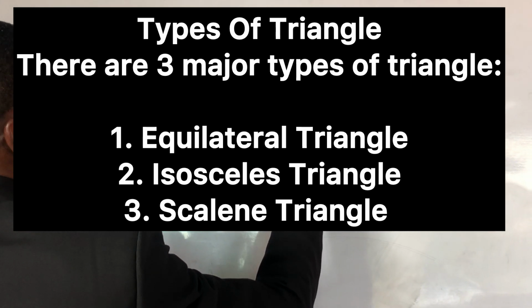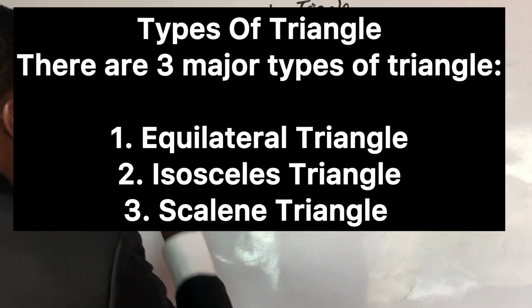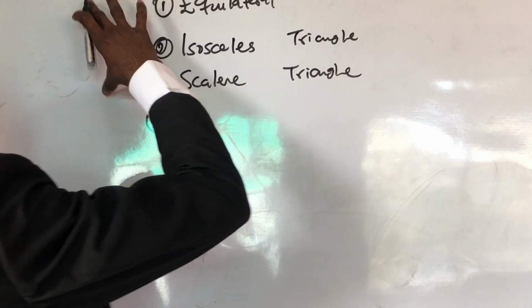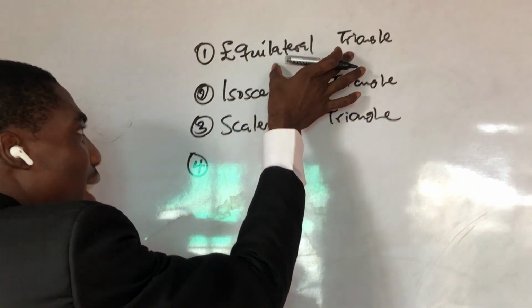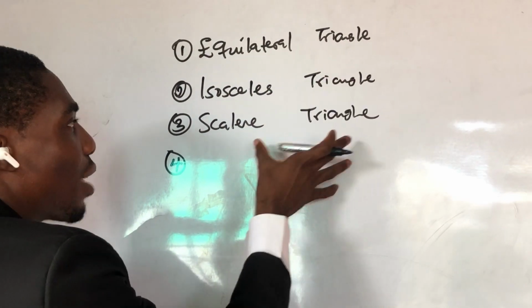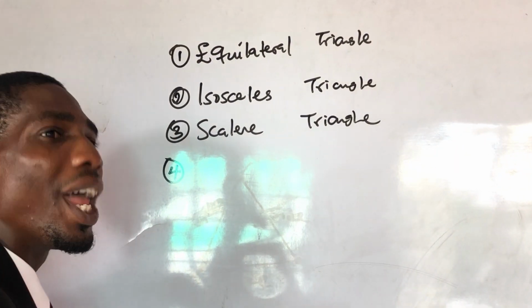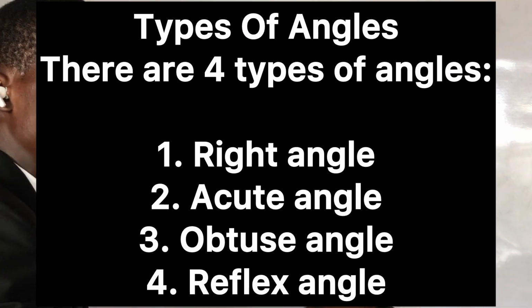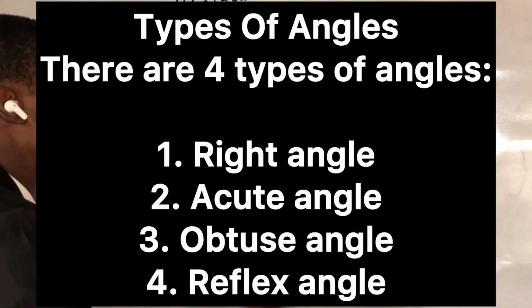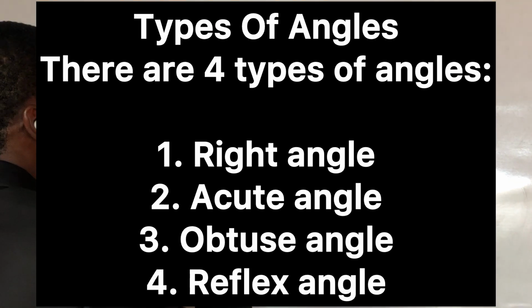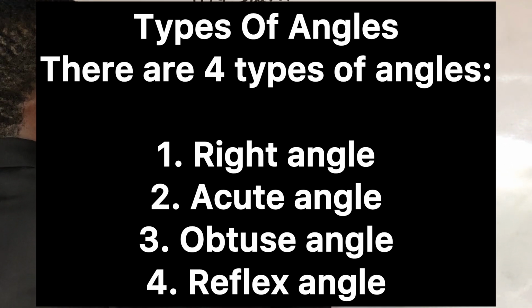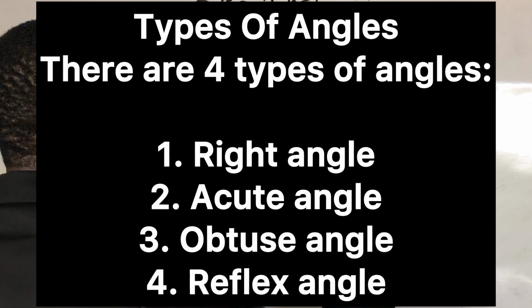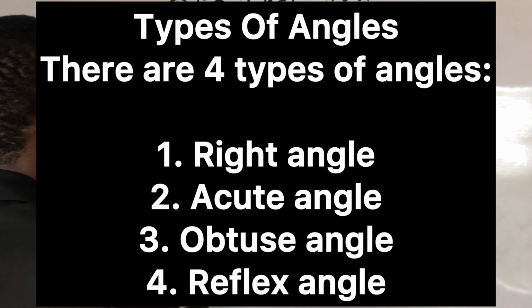These are the 3 main types of triangle that we have: the equilateral triangle, isosceles triangle, and scalene triangle. We now have different types of angles that are under triangles. Example of them is your right angle triangle.